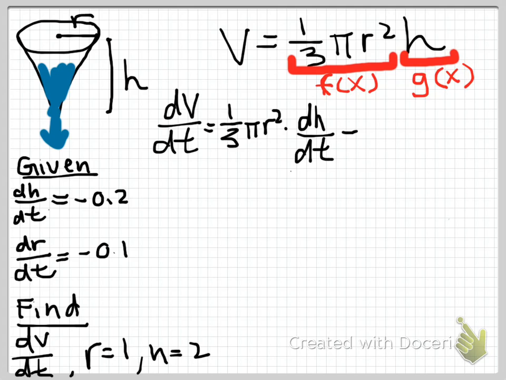All right, I've got that. Plus the derivative of f of x. So that is 2/3 pi r times dr over dt. Okay, and then I'm going to multiply by the original g of x function, so that's times h. Okay, so it looks like I have all of the numbers that I need to figure out what is going on.